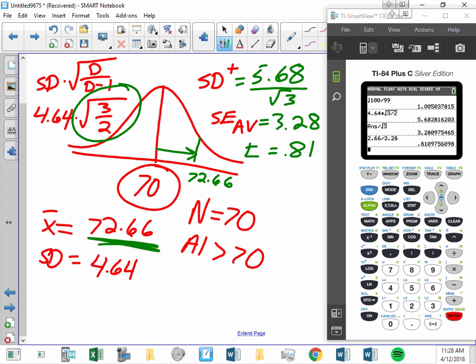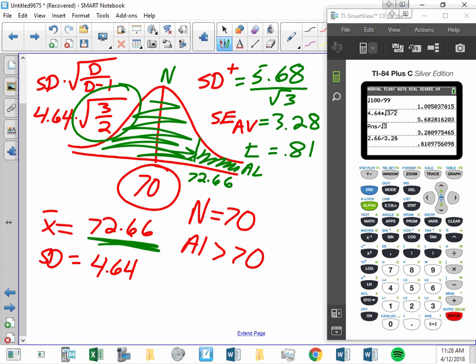We accept the null, right? So always remember, this is the alternative, and this is the null every time. Did we land in the same window that 70 is in? Yes. So we accept the null.